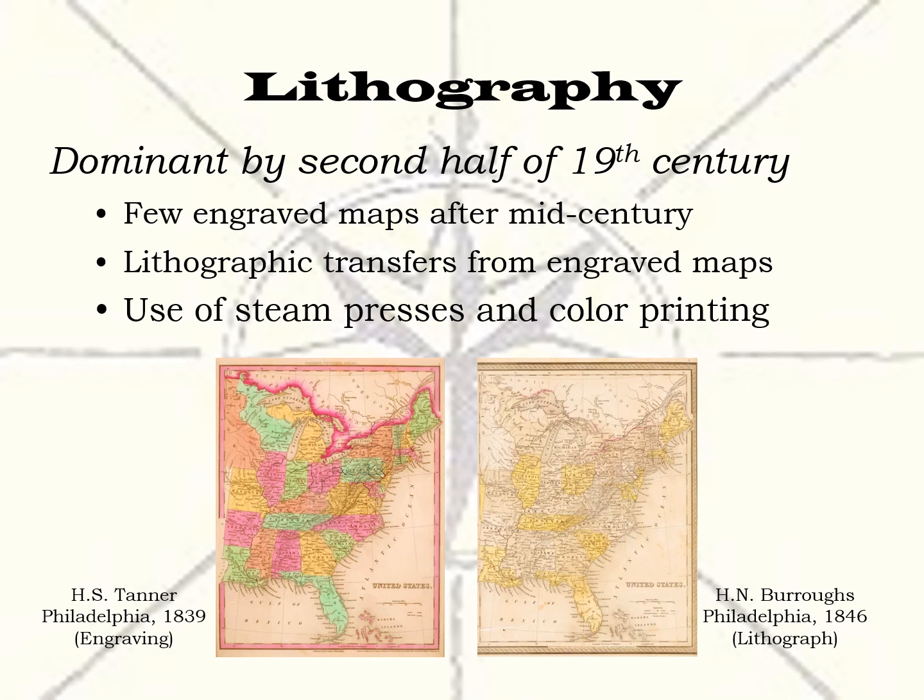One of the advantages of this was that it became relatively simple to transfer the images of previously engraved maps onto lithographic stones. Then in the 1840s, color printed lithography was developed. New mechanical tools like machine ruling were developed later in the century, including photolithography. And finally, steam-powered presses were invented, which allowed lithographic images to be run off quickly and in large quantities.